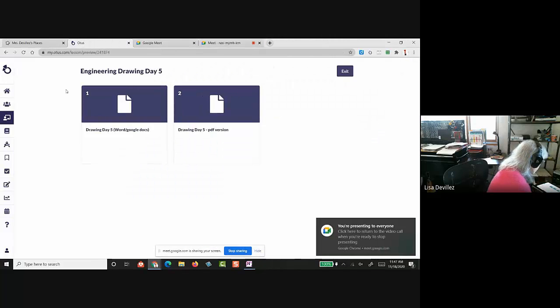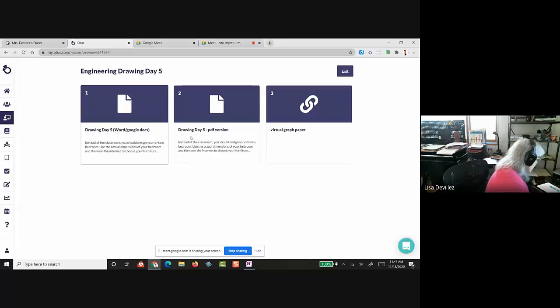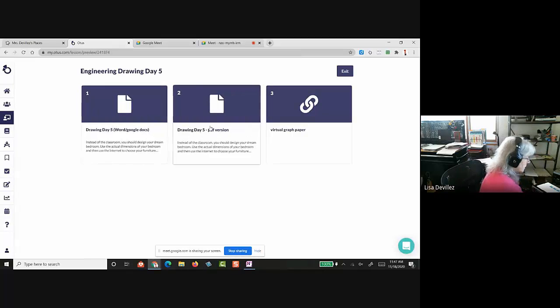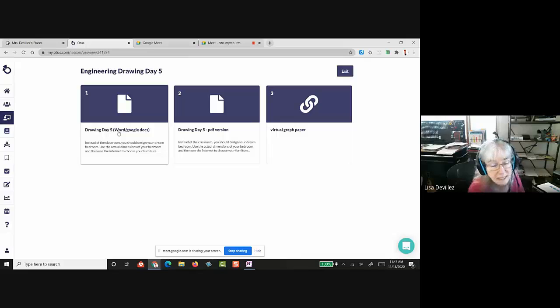Okay, so in Otis, I've got a PDF version, so you can use Kami with making text boxes on the table, or there's a Google Docs version here, so you can pull it up in Google Docs and just type the dimensions into the table. Is it okay if we take that table and write it down on paper? Yes, you can do that too. Yep, that'll work.